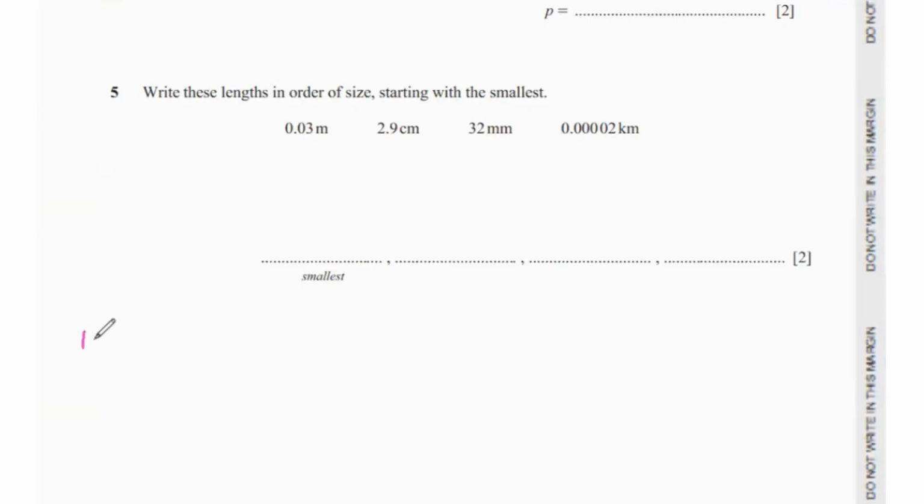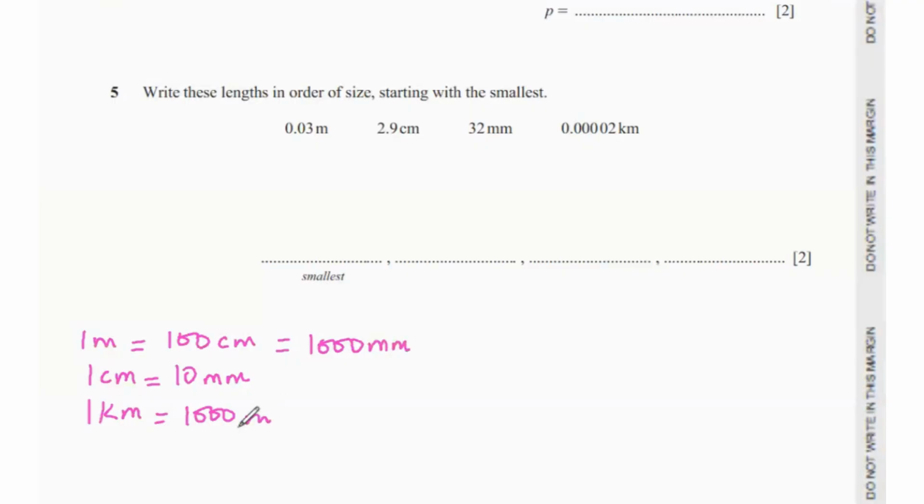So we know 1 meter is 100 centimeters. 1 centimeter is 10 millimeters. 1 kilometer is 1000 meters. So if 1 meter is 100 centimeters and 1 centimeter is 10 millimeters, 1 meter will also equal 1000 millimeters.